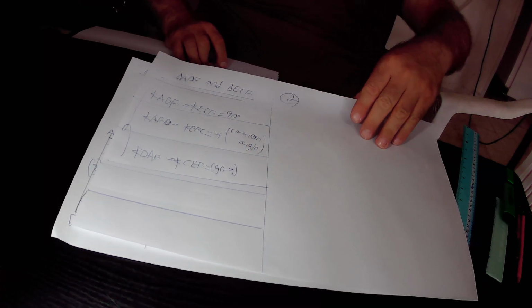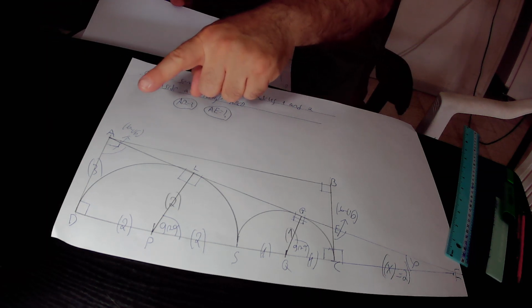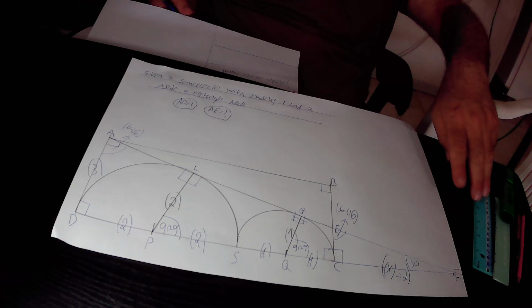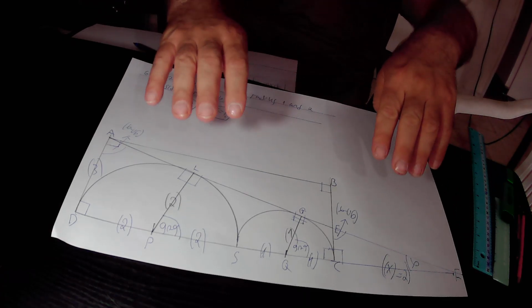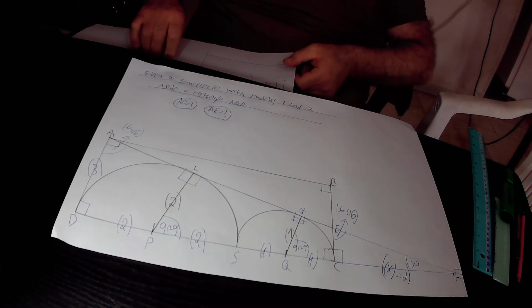So we actually found out that all the angles inside the big right triangle ADF are correspondingly equal to all the angles inside the small right triangle ECF. And therefore those two right triangles are similar to each other according to the angle similarity rule. So I write it down.